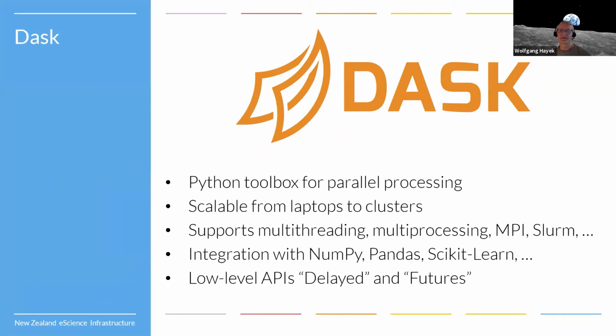So that distinguishes it from many other parallelization toolkits or APIs, like you might have heard of MPI or OpenMP, where you really have to work quite close to the low-level aspects.